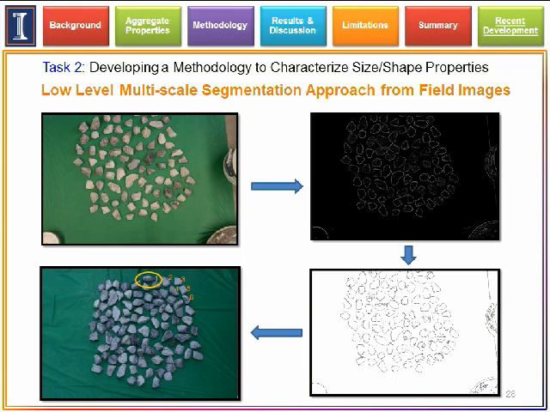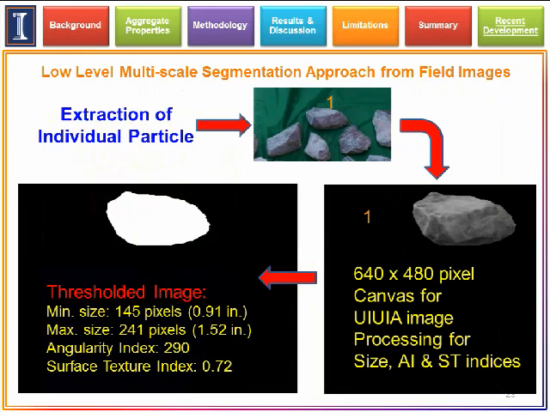And from those different contrast regions, you can come up with simplified black and white images. And from those black and white images, you are correlating the size and shape with the already established University of Illinois Aggregate Image Analyzer size, angularity index, and surface texture indexes.